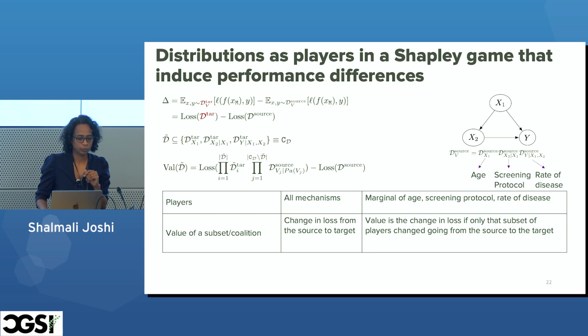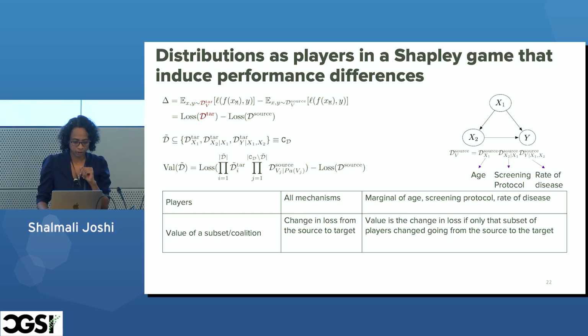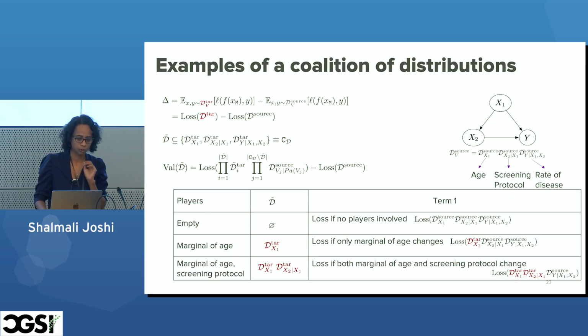Okay, so the way this works is as follows. We consider all possible subsets of potential distribution shifts. They could be hypothetical. We're going to call them players.